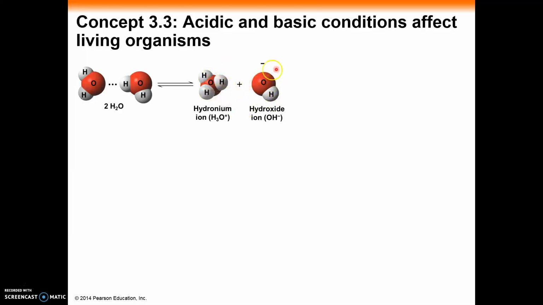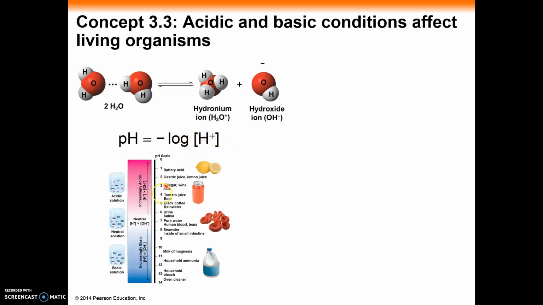The hydronium has a positive charge, the hydroxide has a negative charge. Sometimes we refer to the hydronium solely by the extra proton, H positive. The pH scale is defined by the concentration of these positive ions, the negative log of the molar concentration. This produces a pH scale that we can see all these various different things on.